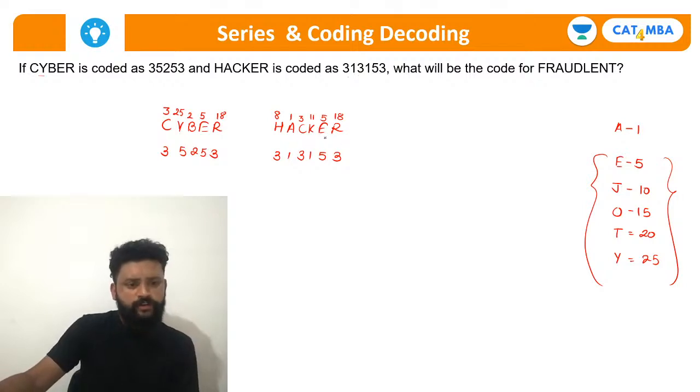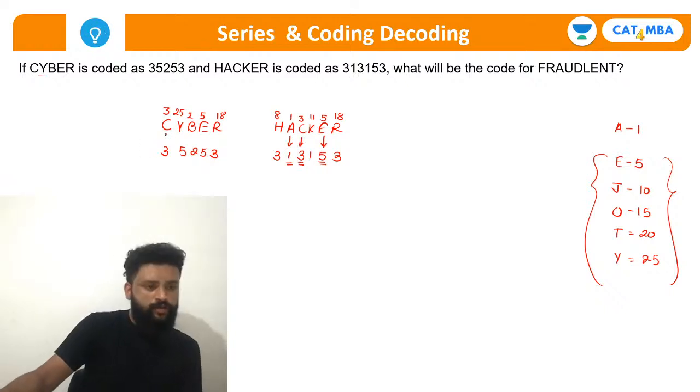Okay, now if you look at this, E is 5th, that is an easy get. If you look at this, cyber is third, this is second. We know why this is 5, but the problem is why this 25 is coded as 5. How is it possible?